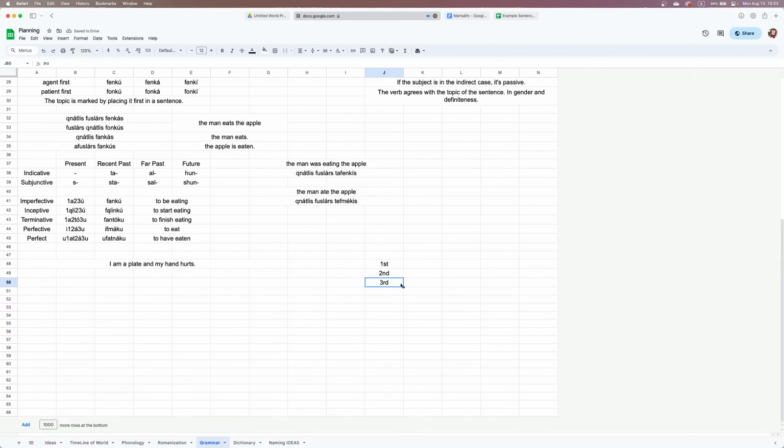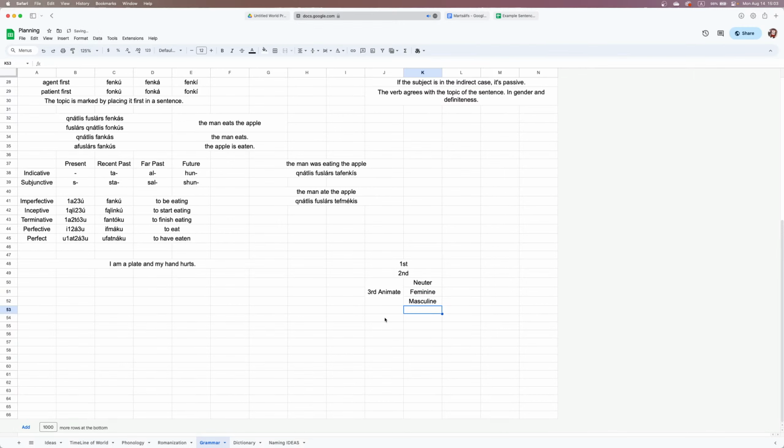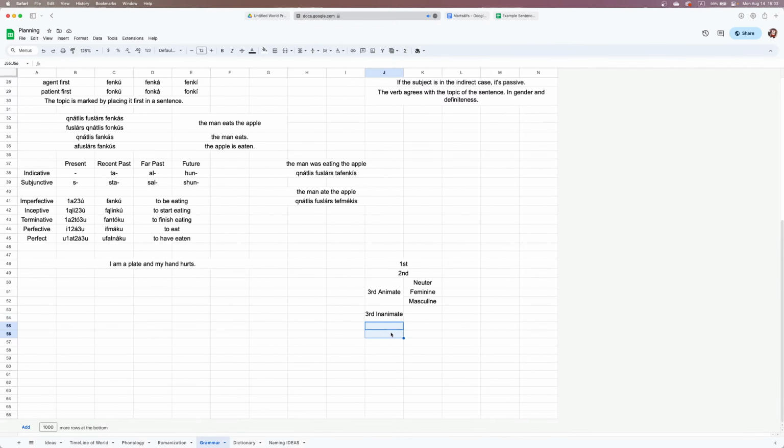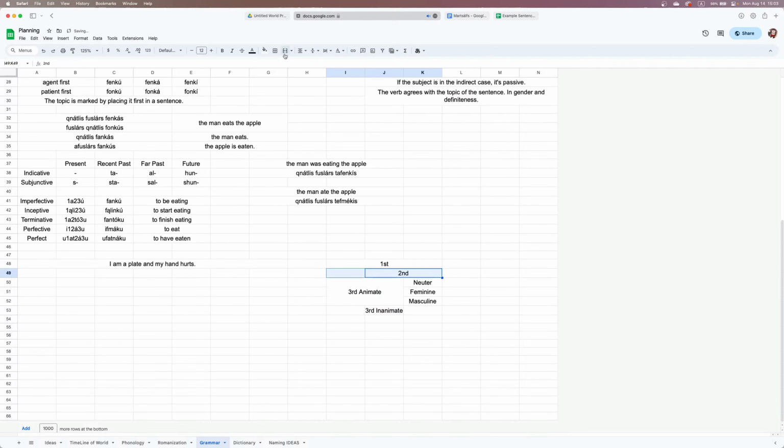We're probably going to have a few different categories of third person pronouns, because there are animate pronouns, third animate, which have neuter, feminine, masculine, and then there are the third inanimate as well, which has no smaller designations, and then there's the third abstract. Let me just give these a bit more room.